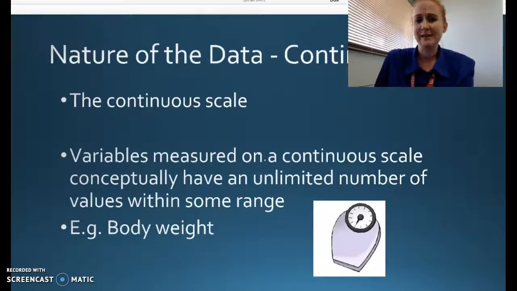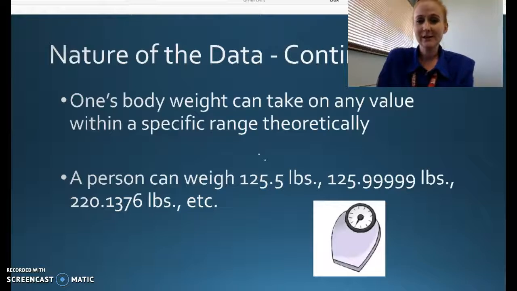The other one is called continuous. So continuous scale means we can have an unlimited number of values within some range. So for example, body weight. With body weight, you can literally take on any range of values theoretically. So you can weigh 125.5 pounds, 125.99999 pounds.